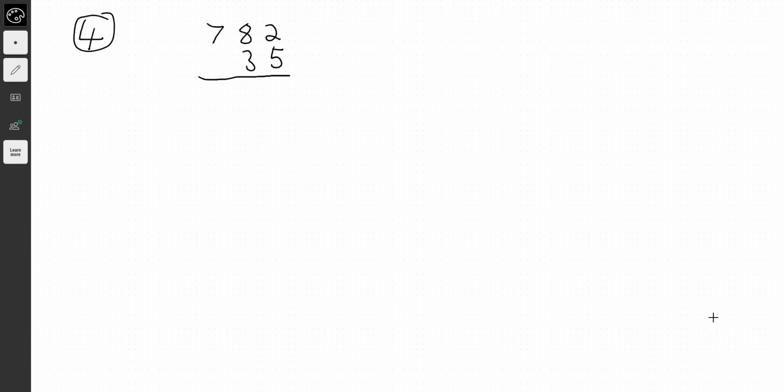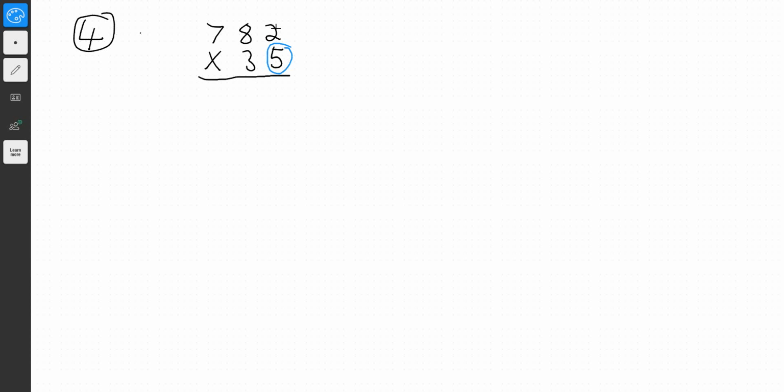Okay, the next question is a multiplication, 782 times 35. Remember the smaller number needs to go underneath. So we're going to start off centering around this 5 here.